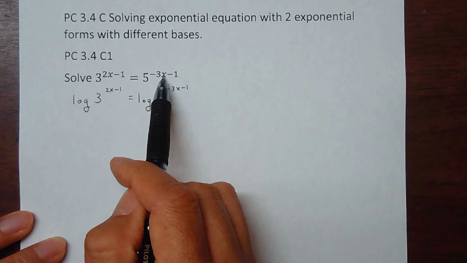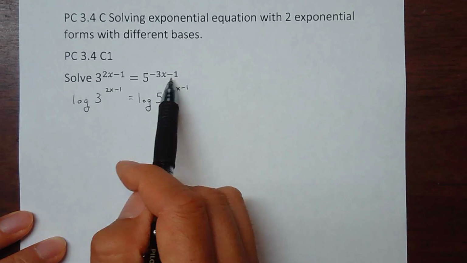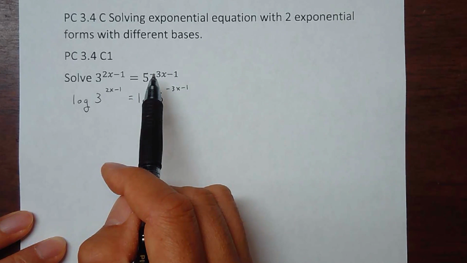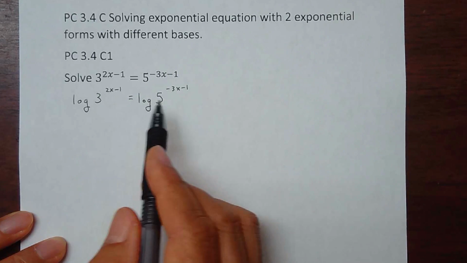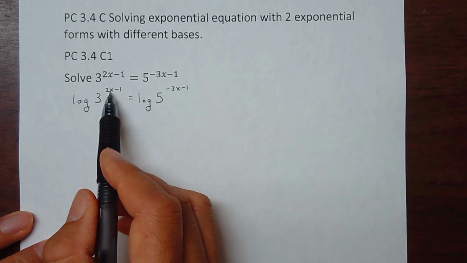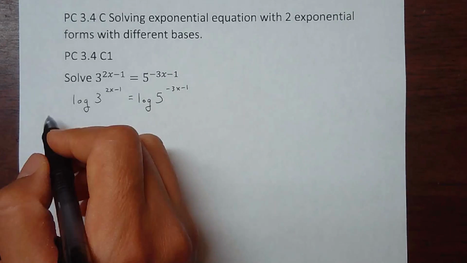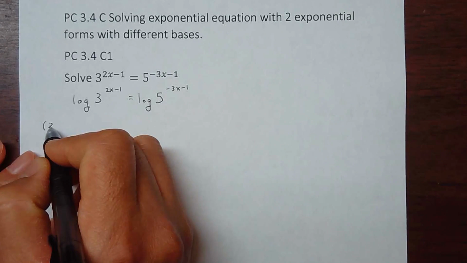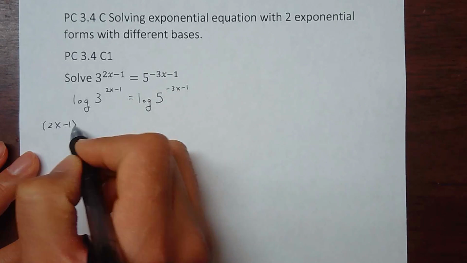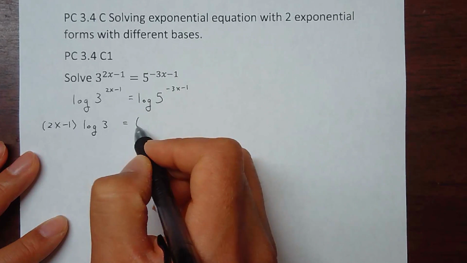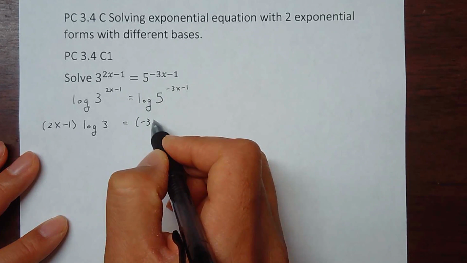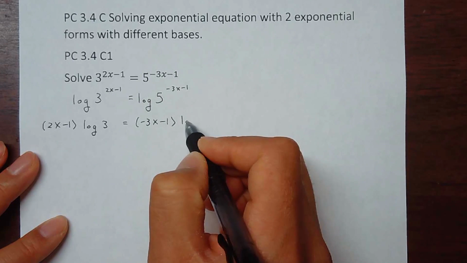X, the variable we are solving for, is an exponent, and you want that to be outside of the exponent. So by taking log here, this exponent you can bring to the front as a coefficient. So parenthesis 2x minus 1 times log 3 equal to parenthesis minus 3x minus 1 times log 5.